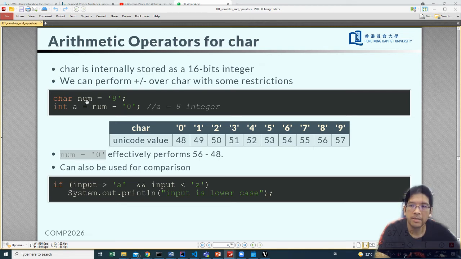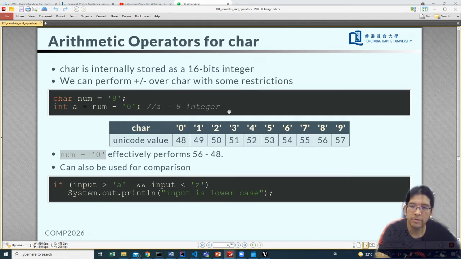Because num is the character '8', which has a Unicode value of 56, minus '0', which has a Unicode value of 48, effectively this computes 56 minus 48, which gives 8.